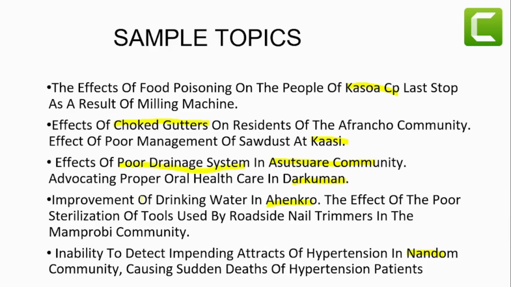What this is trying to say is sometimes structures in your community can pose a serious health risk to the people of the community. You can see here there is a milling machine. So these are some items or structures in the community which are posing a threat to people.